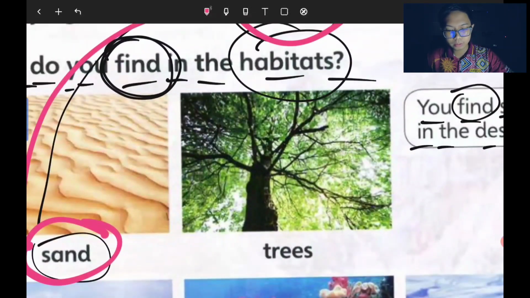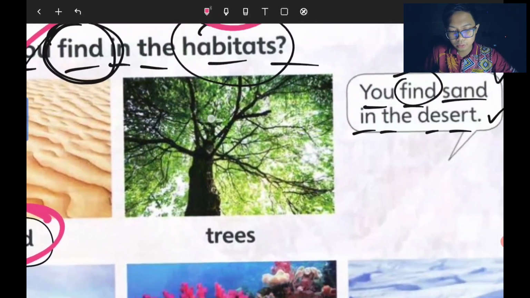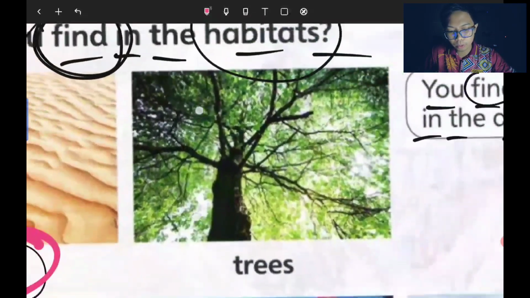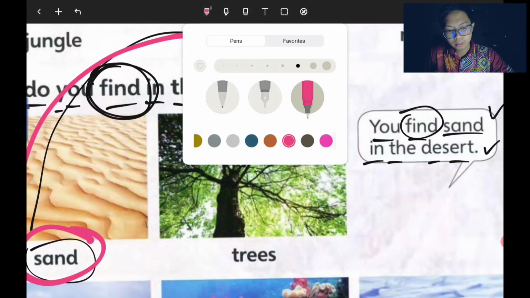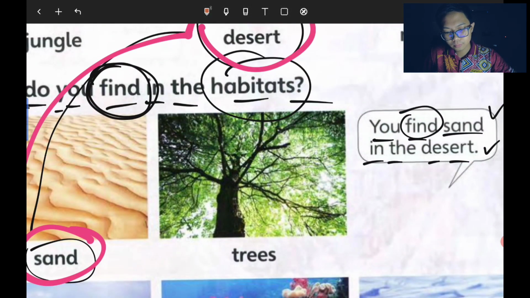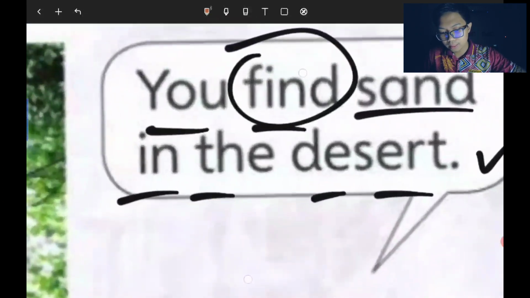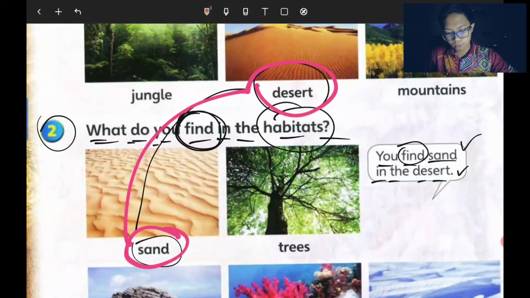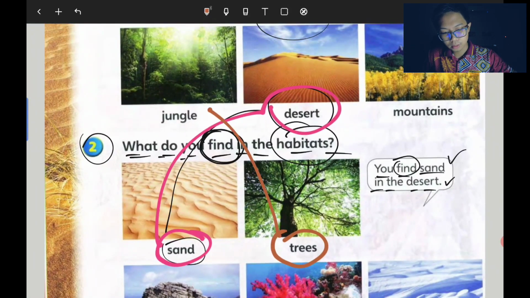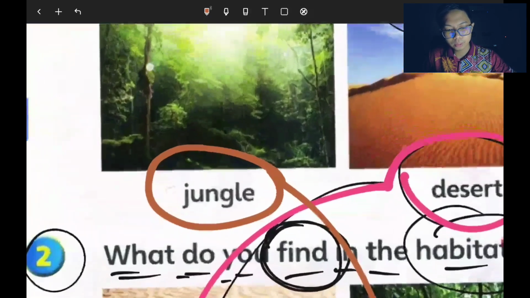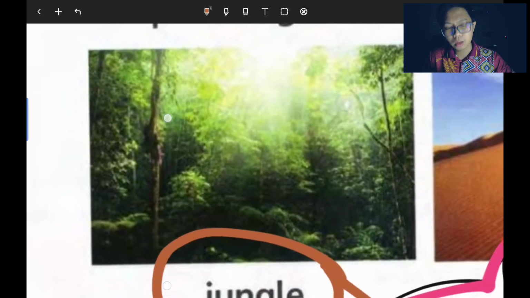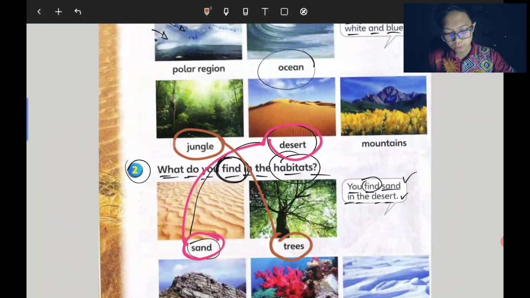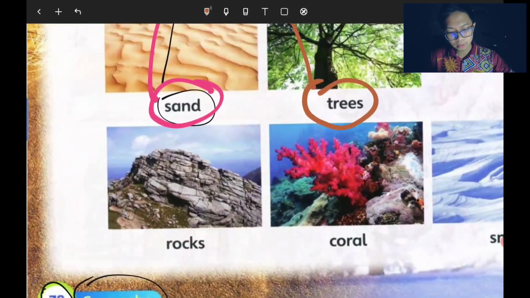How about the trees? You find trees, kamu boleh jumpa pokok-pokok ini di mana? In the desert? No. You find trees in the jungle. Okay, di hutan. See? Lots of trees. Banyak pokok sana. Next, rocks.